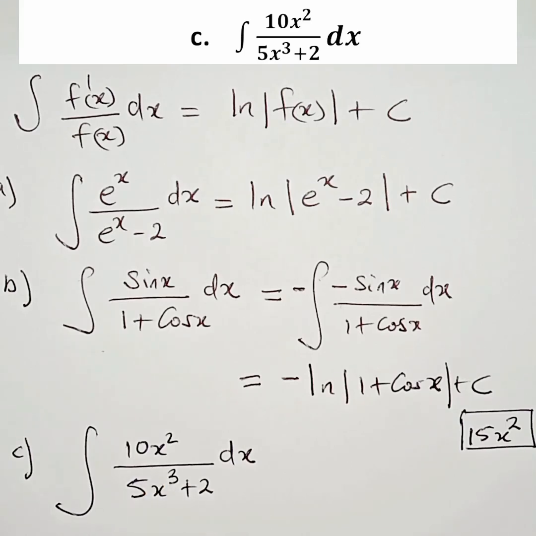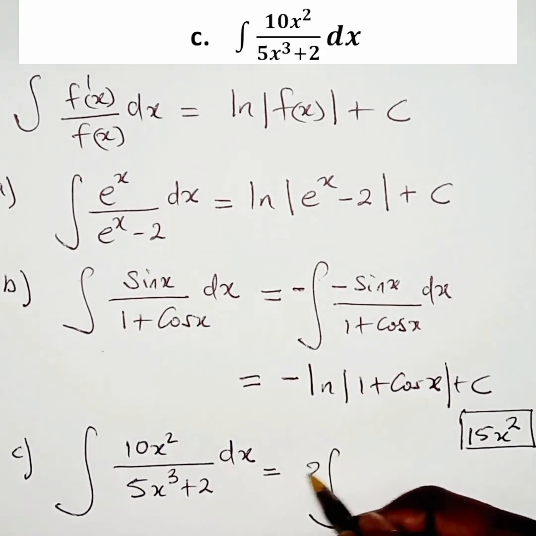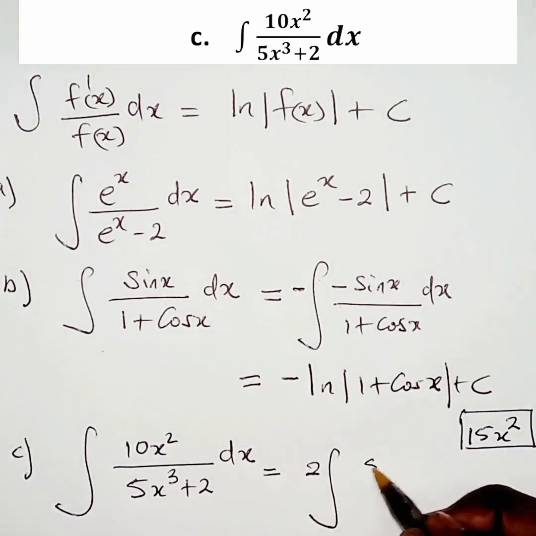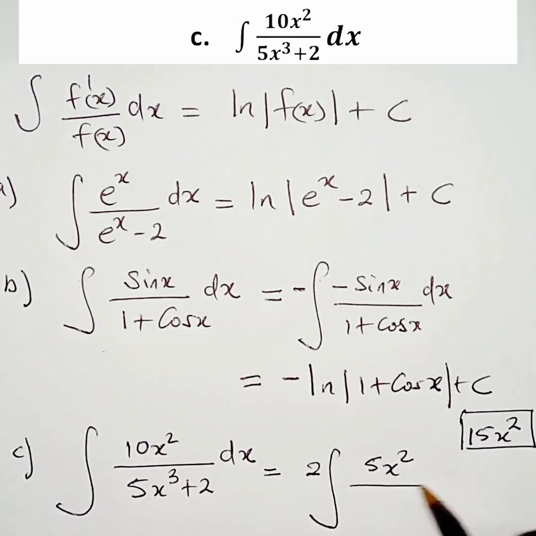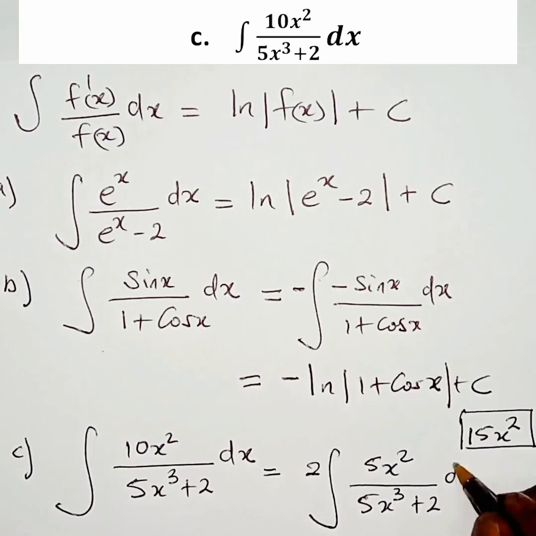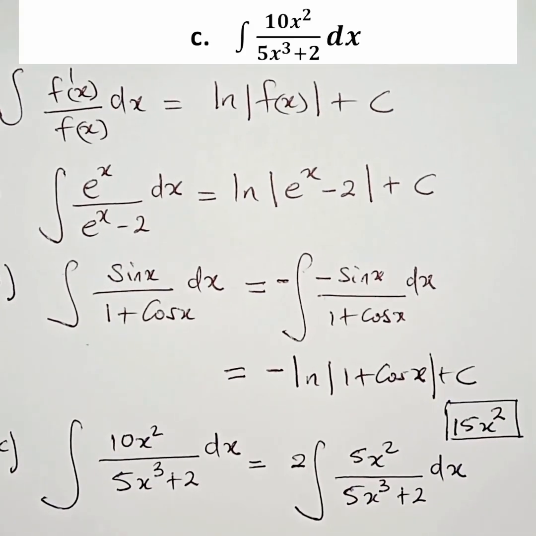So we just need to create a situation where we have that on the numerator. All right. So we can just start by taking a 2 out of that. Then we are going to have 5x squared. We haven't changed anything because 2 times 5, you're just going to get 10. All right. And then we have 5x to the power of 3 plus 2 dx. But we are not yet there.